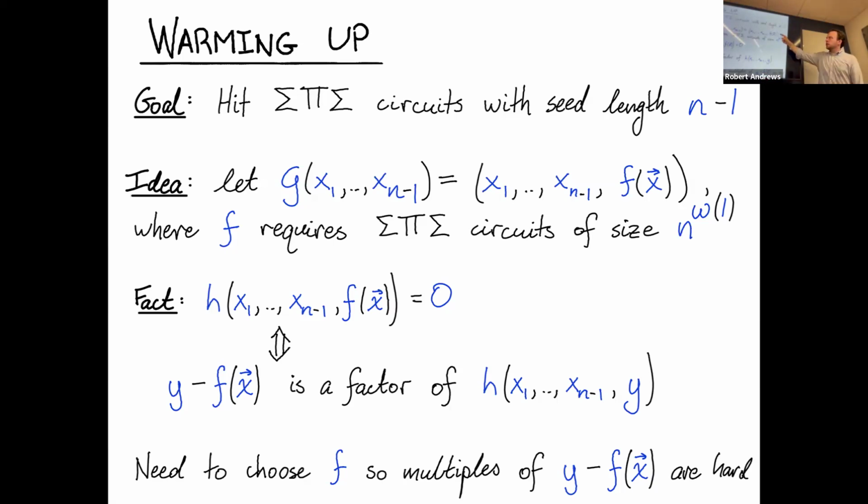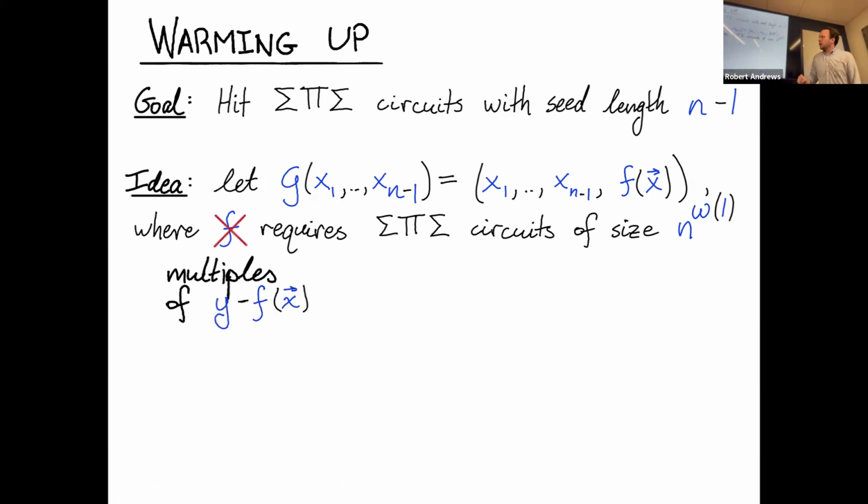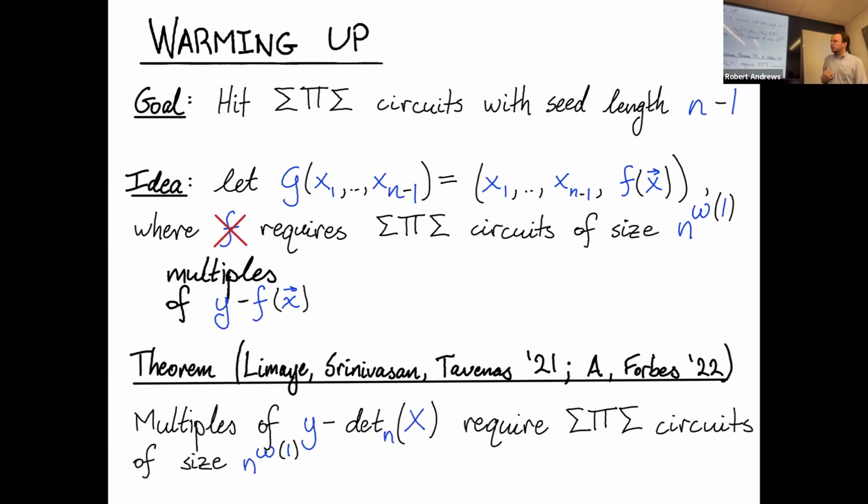Okay, so let's rework this idea. We want to pick f where multiples of y minus f require large depth 3 circuits. And now you go down the street to the circuit lower bound store and pick something off the shelf that tells you the determinant is going to work for this.